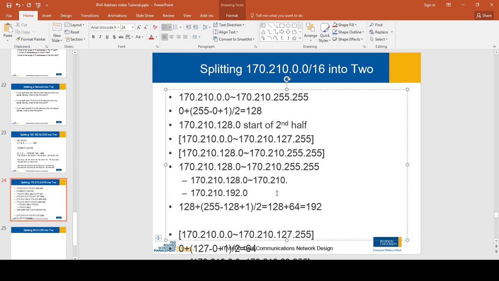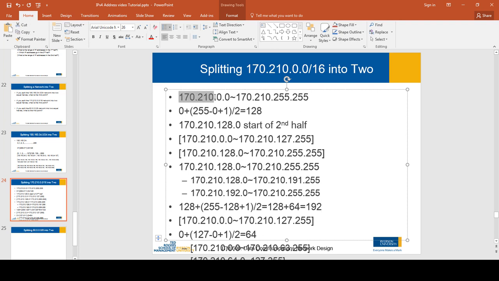So it goes 170.210.255.255. Okay, now the end of the first half is just one address before this IP, which is not 191.0, it's 191.255.